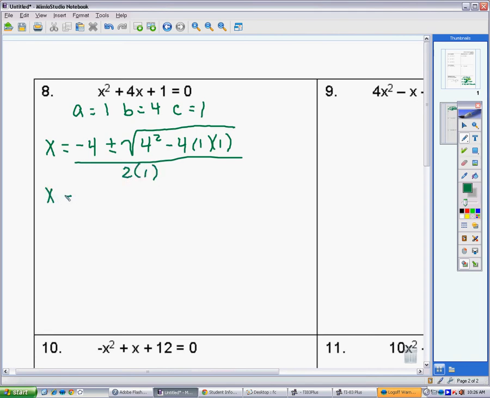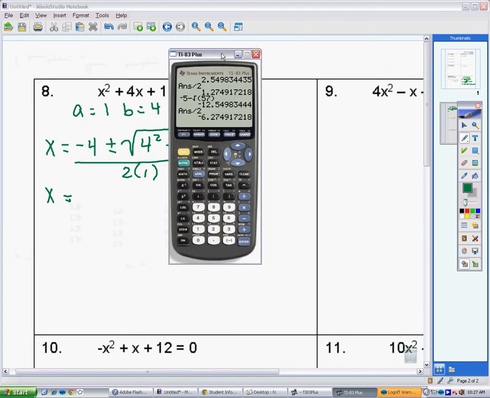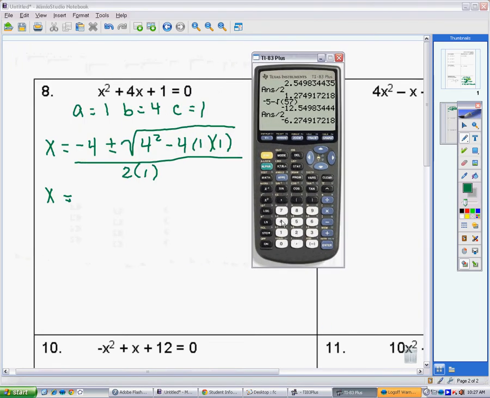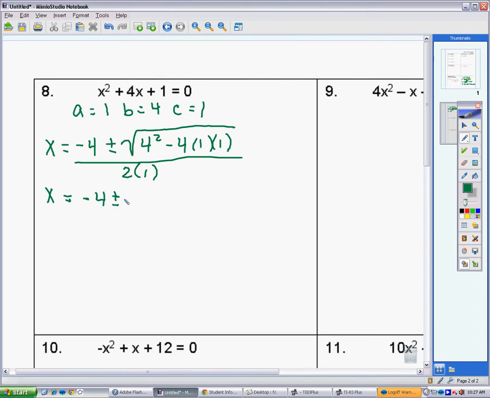And I'm going to evaluate my B squared minus 4AC first. So I'm going to take 4 squared minus 4 times 1 times 1, and I get 12. So that 12 tells me that I have two solutions that I'm looking for.